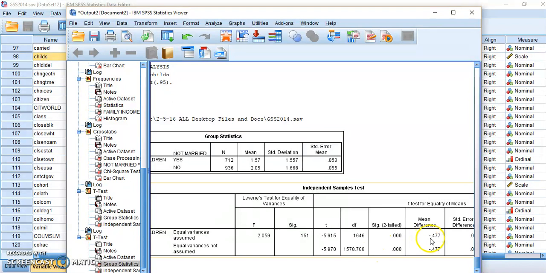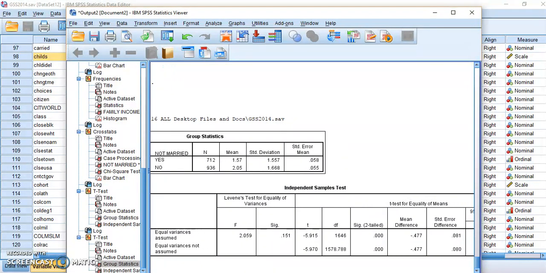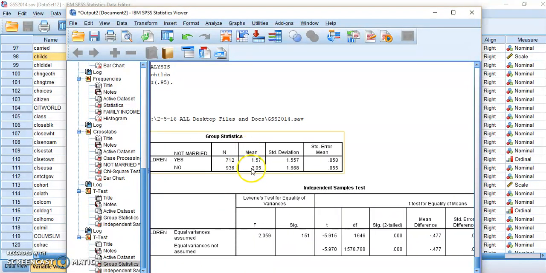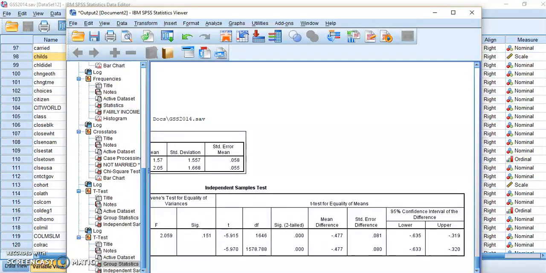So we'll take a look at this, and your significance is 0.000. So that means that the results are statistically significant, that there is a difference here between the means. This is significant.